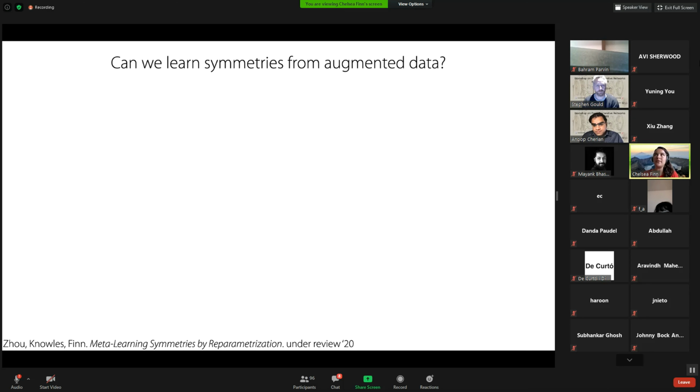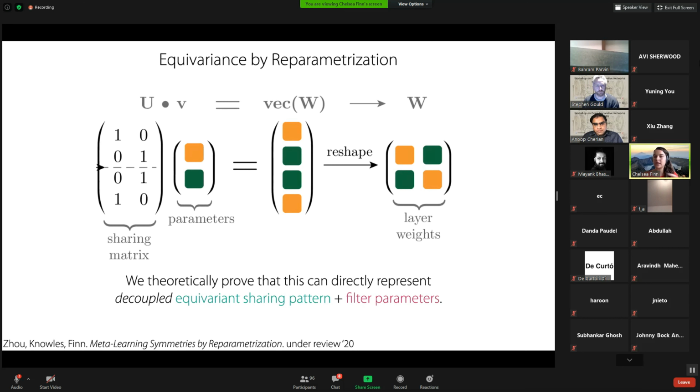I think it's challenging to quantify mathematically what that equivariance corresponds to, and it's not clear if this particular linear form can actually capture that kind of equivariance, because it may not actually correspond to a particular group.